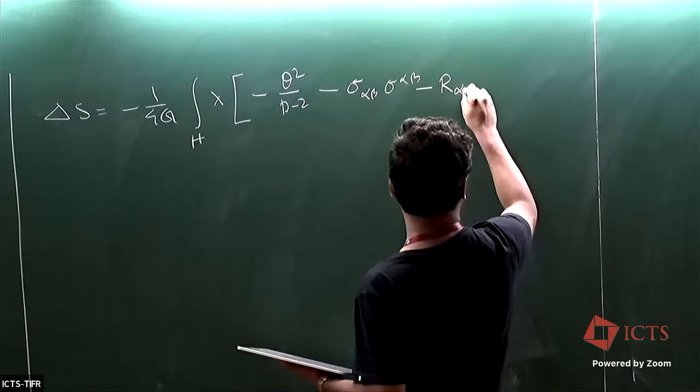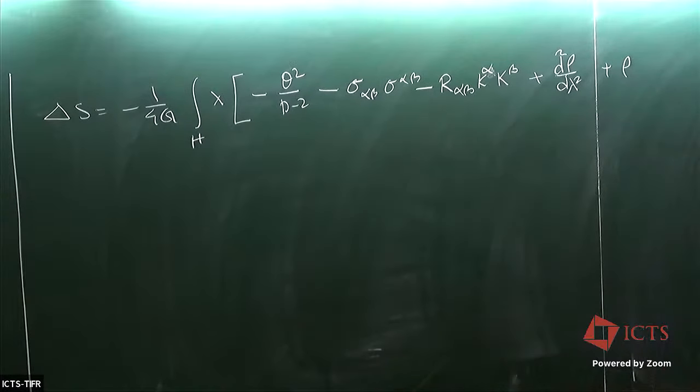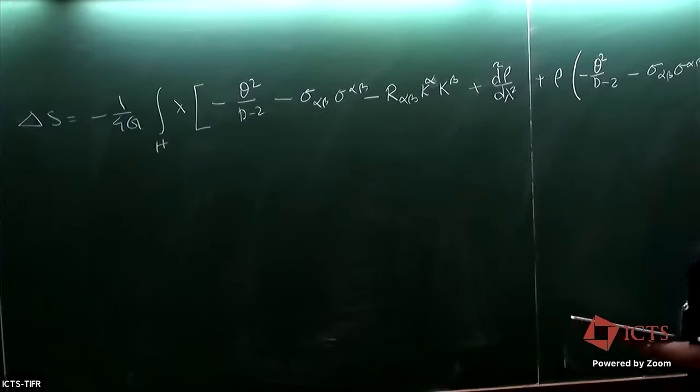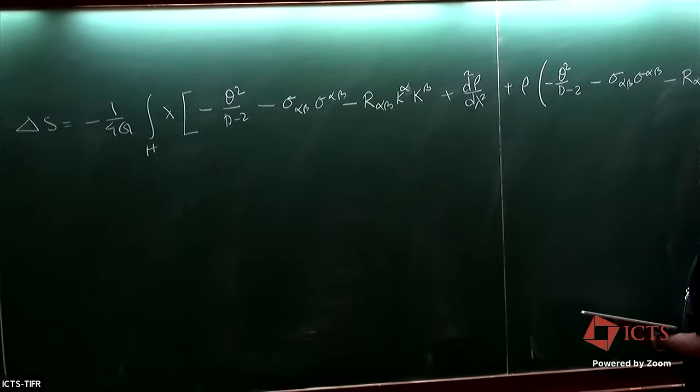Then I have d2 rho d lambda 2. Then I have rho times the d theta d lambda part again: minus theta square by d minus 2 minus sigma alpha beta sigma alpha beta minus R alpha beta k alpha k beta. Then I have another term theta d rho d lambda plus theta d rho d lambda.